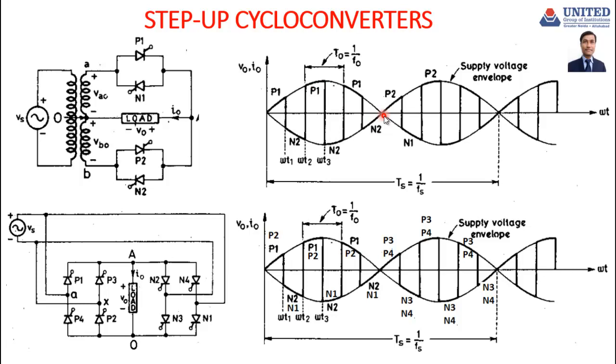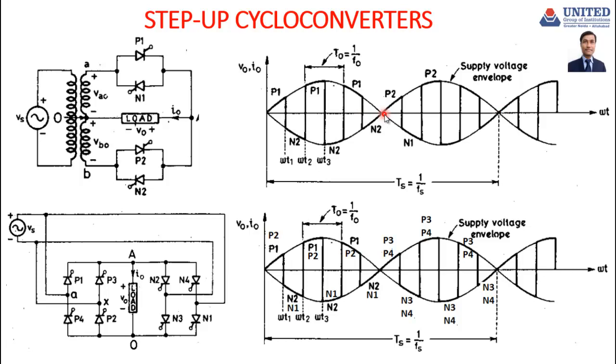the terminal voltage B is positive with respect to terminal small a. Then SCR P2 and N1 are forward biased from omega t is equal to pi to 2 pi.